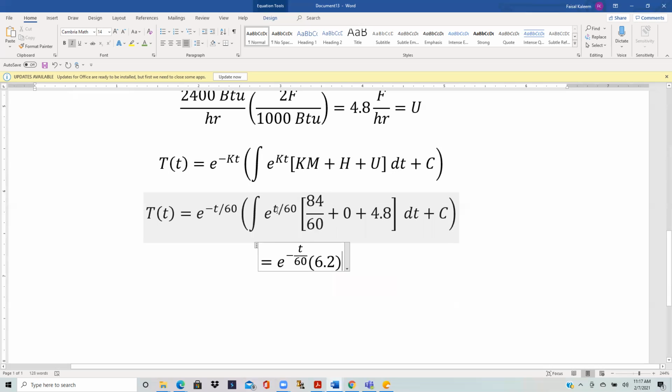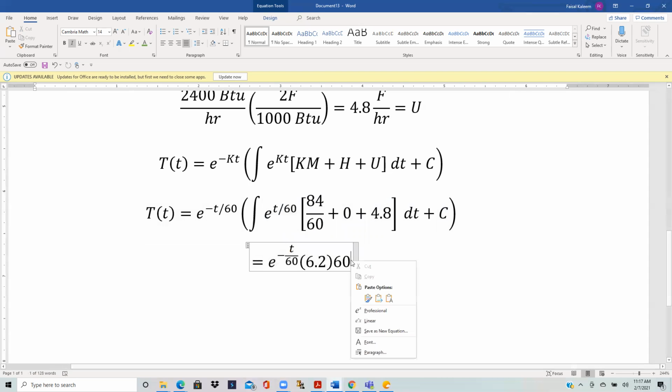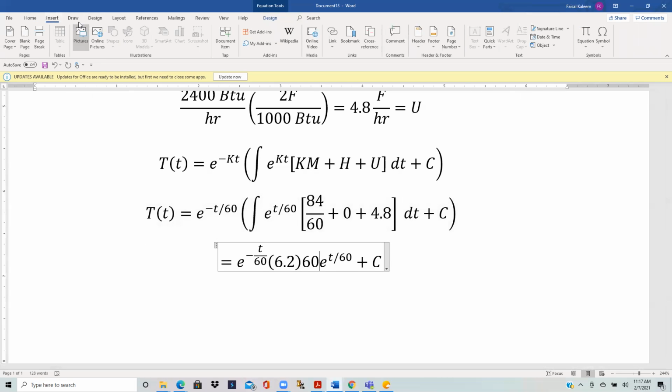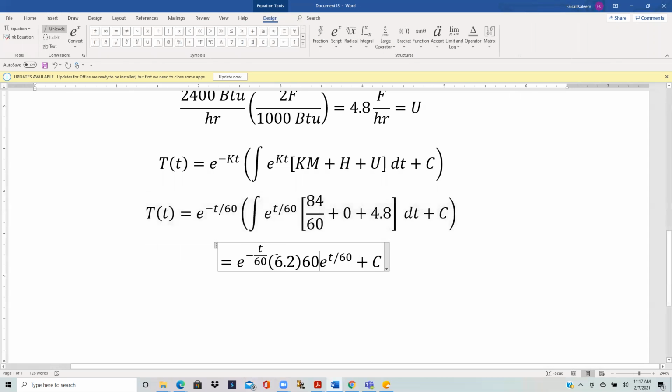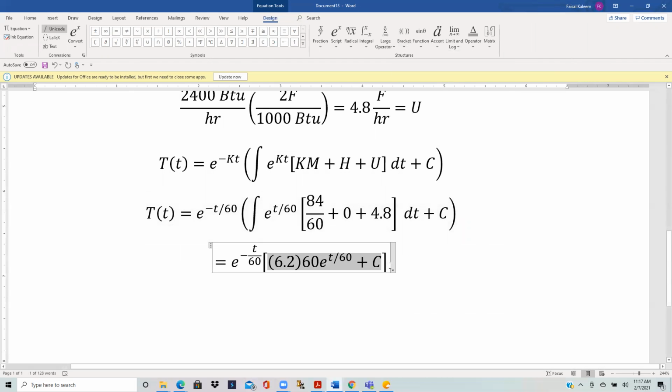And then the integral of e to the t over 60 would be 60 times e to the t over 60, plus c. Remember, this e to the negative t over 60 distributes over the whole thing. And then we distribute this.